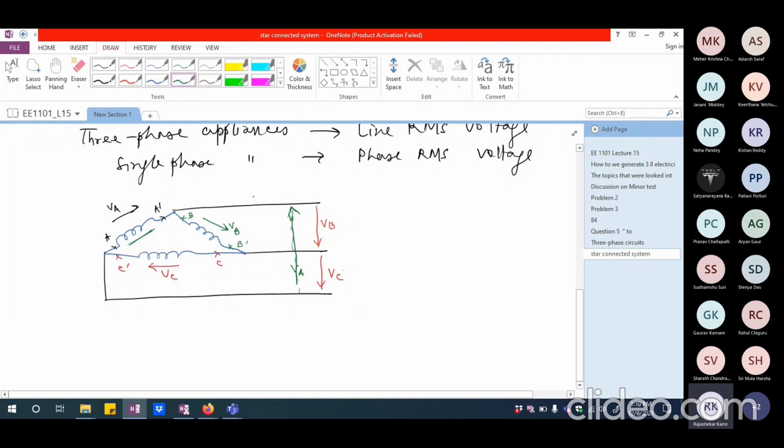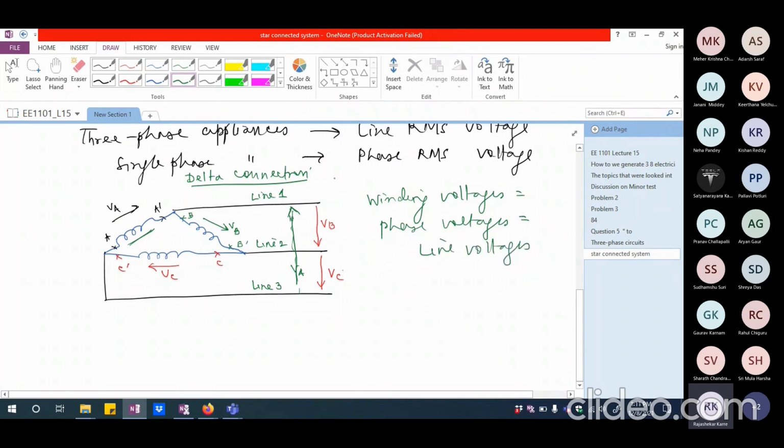In this particular case, if I call this line 1, this line 2 and this line 3, between the lines, whatever voltage I get is the same as the phase voltage. So this is the case with delta connection. In delta connection, the winding voltages, which are incidentally phase voltages, will be equal to line voltages.